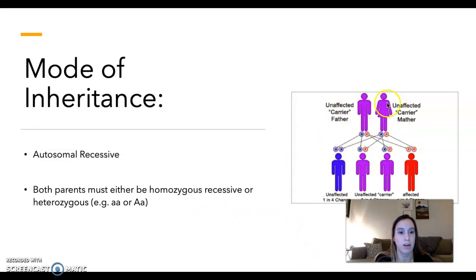In this figure, you can see that both parents are at least carriers, and one of their children ends up actually expressing the disorder. Two are unaffected and one is a carrier.